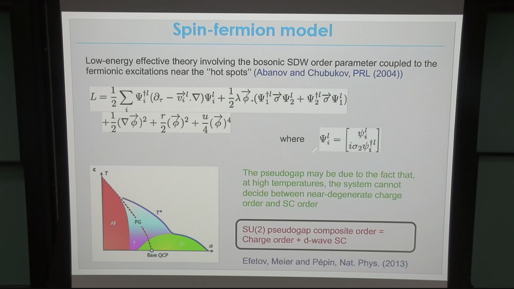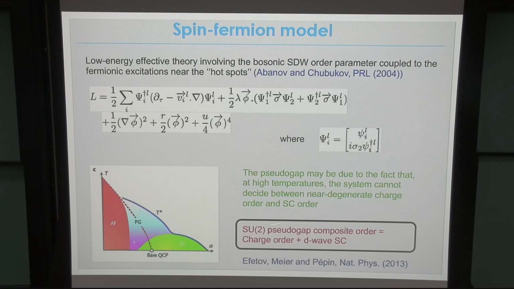Later on, there was this very important proposal by Efetov and Catherine Pépin in 2013, in which they proposed that the pseudogap phase may be due to the fact that at high temperatures, the system cannot decide between the near-degenerate charge order and superconducting order.